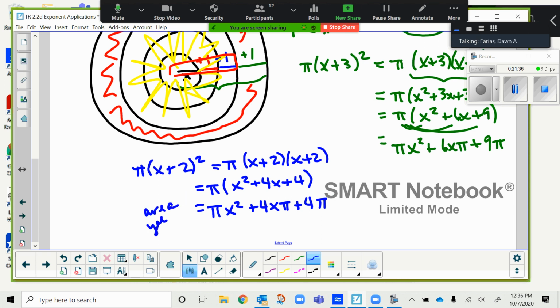So that's the area of the yellow: pi x squared plus 4x pi plus 4 pi.